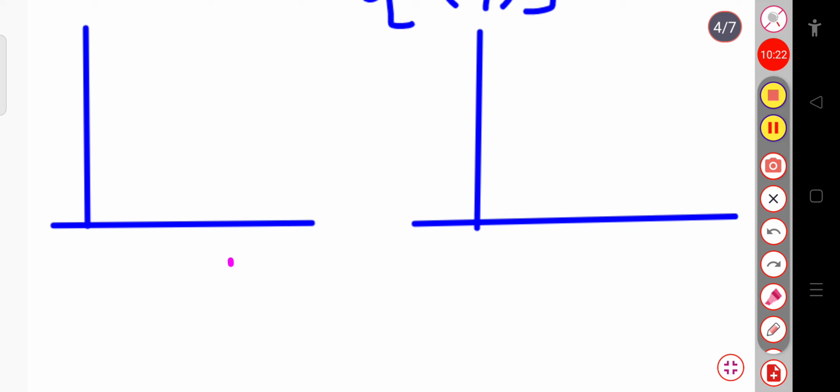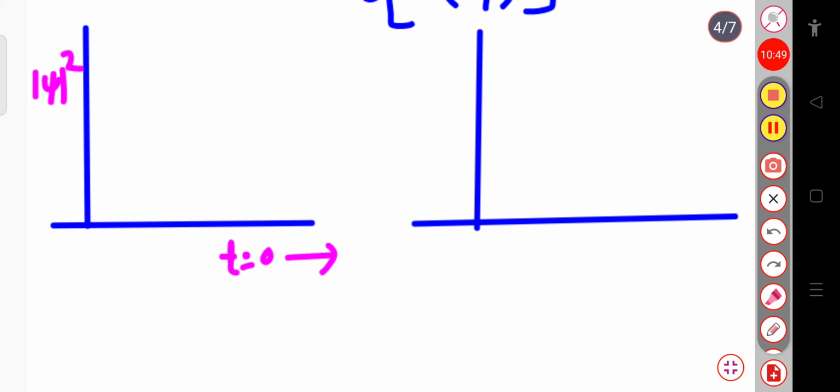For t equal to 0, this line will show t equal to 0, and this axis will be modulus of psi square, which is basically known as the probability function. Gradually I will tell you what this probability function represents. Now let me plot this curve for the Gaussian wave function.